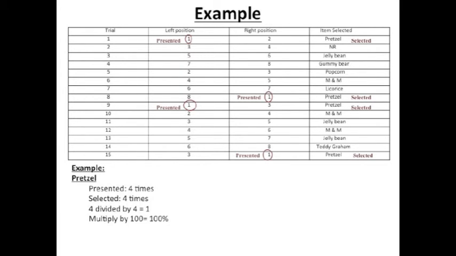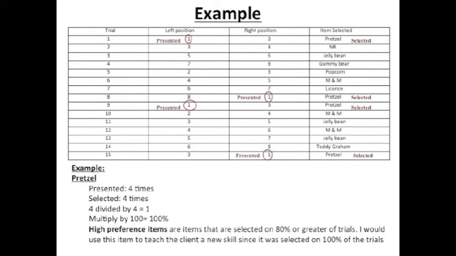Multiplied by 100 and you get 100%. High preference items are items that are selected on 80% or greater of trials. I would use this item to teach a client a new skill since it was selected on 100% of trials.